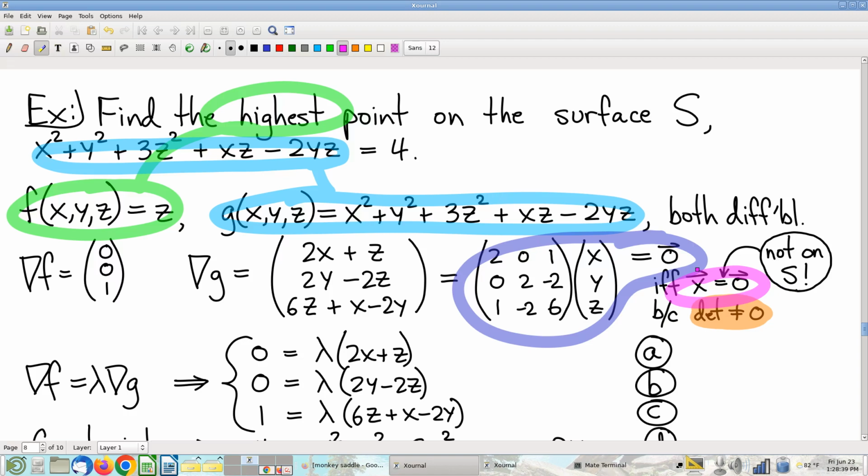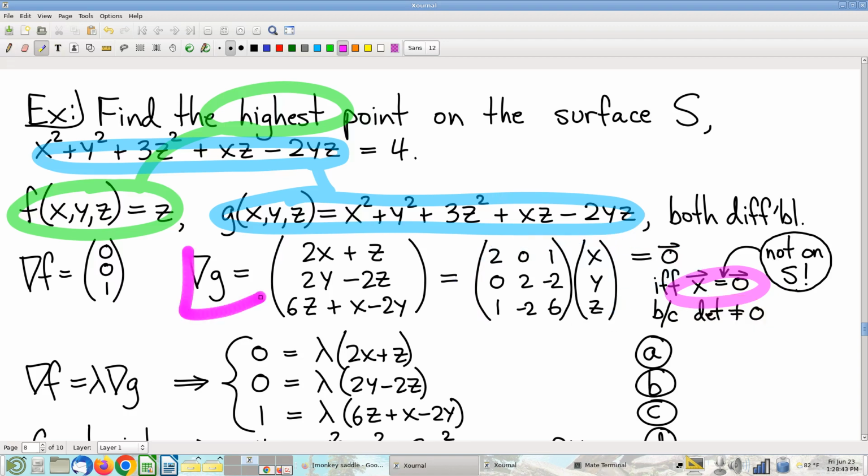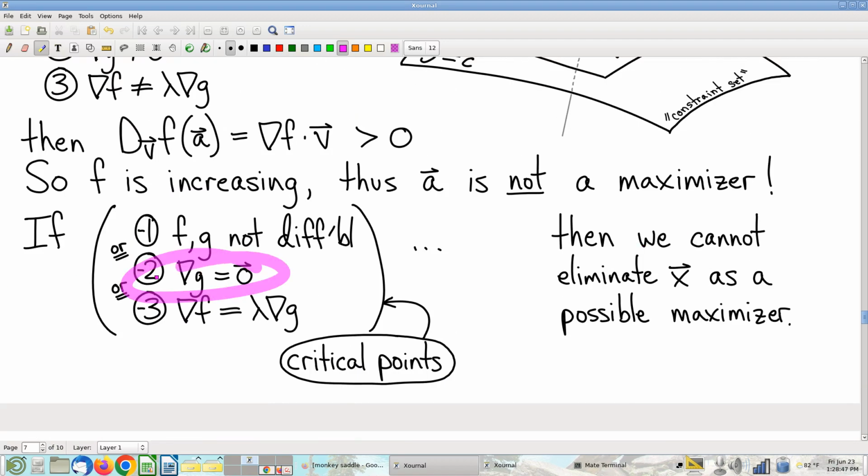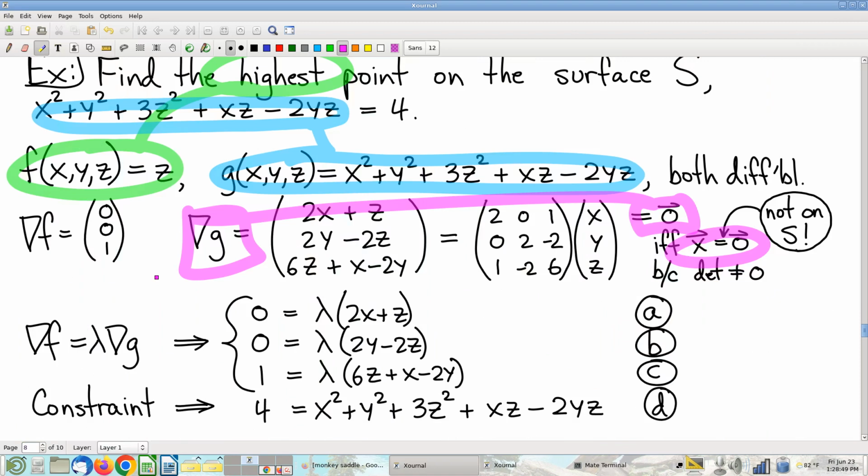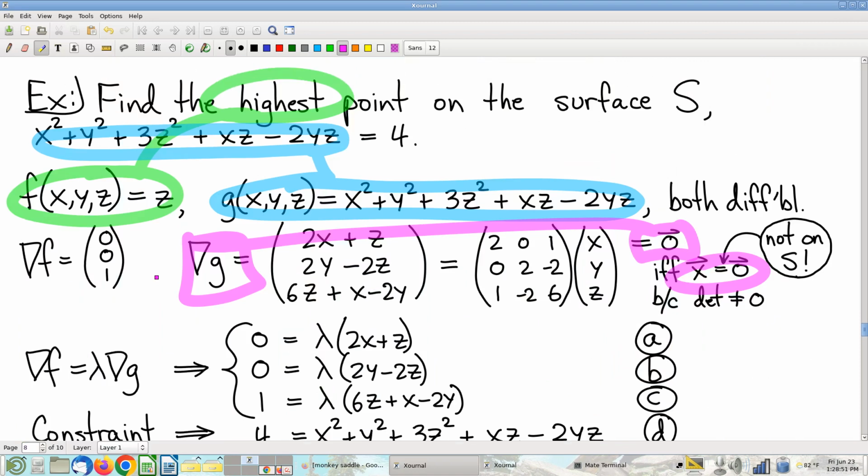Okay, now, tempting to say we found a critical point, because after all, at that point, the gradient of g is equal to 0. Isn't that what this says? Isn't that degeneracy, or the gradient of g is equal to 0? Keep in mind, all we're doing here is trying to eliminate points that are on the domain. Let me say that differently. We're only interested in points that are on the domain.